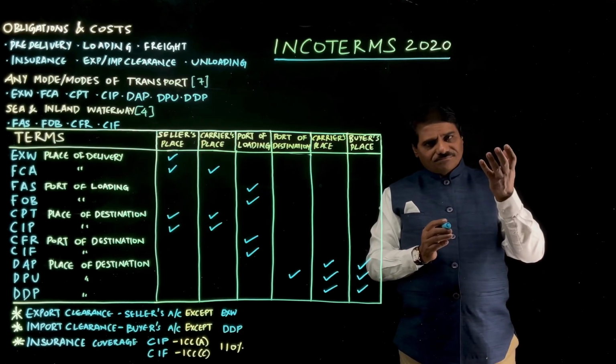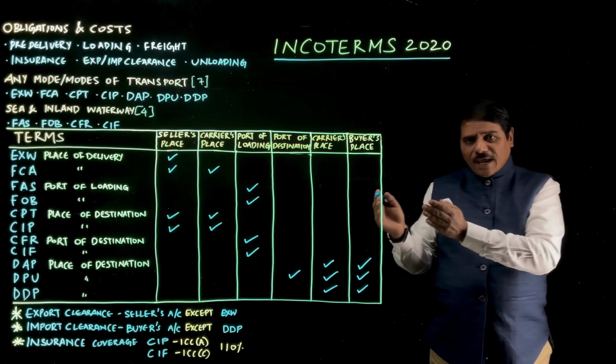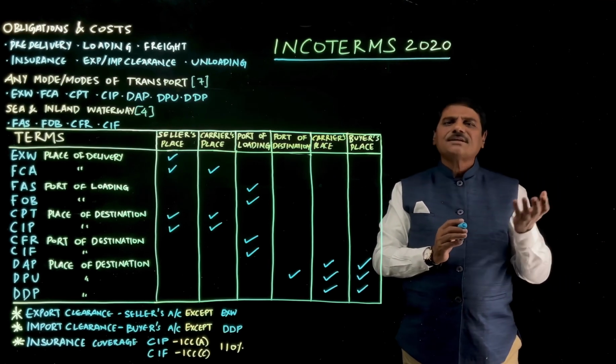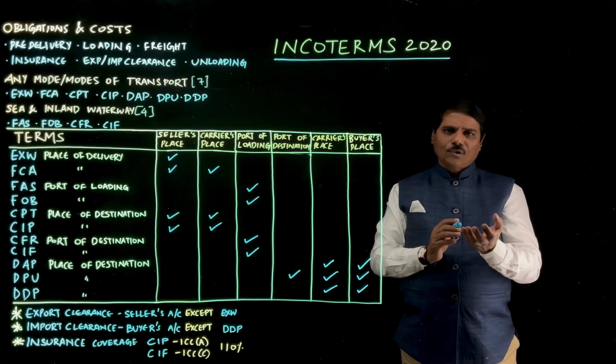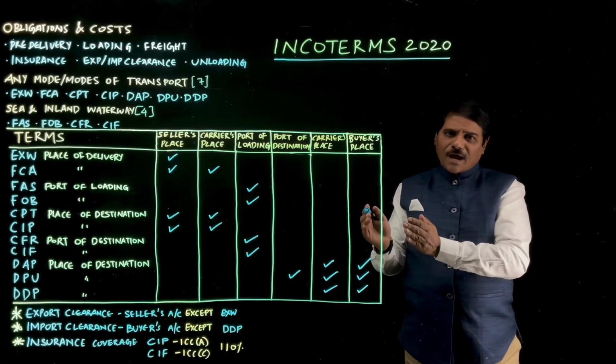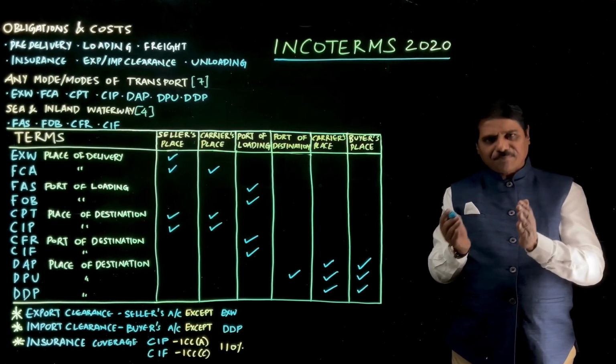Suppose if shipments are by air, seller may have to carry the goods up to the carrier. Carrier means we call a shipping company, any transport operator. So seller may have to carry the goods from his warehouse up to the carrier's place, that is the shipping company place.